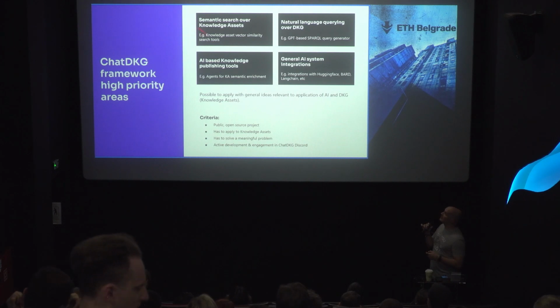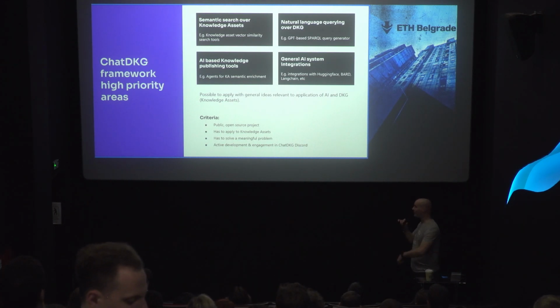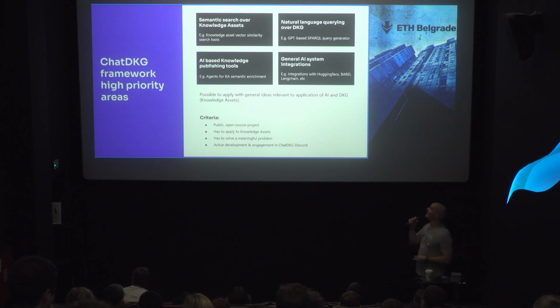Instead of doing a search over some knowledge assets and then drilling down into the right one, you can even immediately formulate a query. If the query can be expressive enough, you find the results directly inside. That's something that could be built and is one of the high priority areas of the ChatDKG framework.